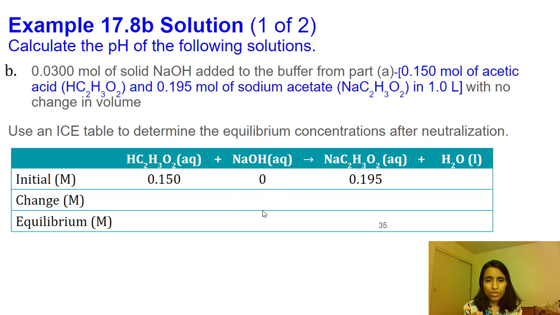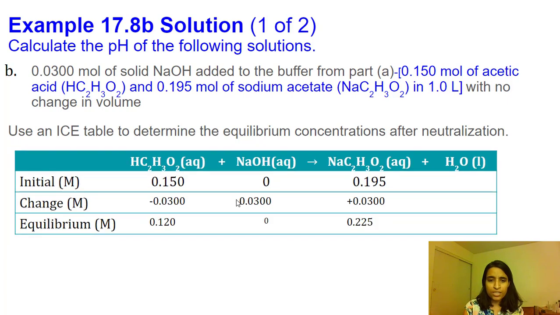Now this 0.0300 is actually reacting with the acid. So over here, let me go ahead and write it down: 0.0300, and over here also we have negative 0.030, and over here we have positive 0.030.